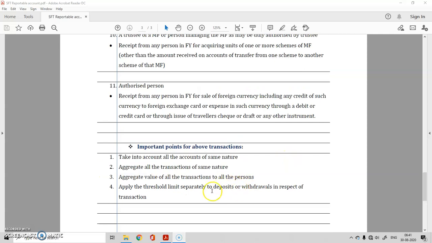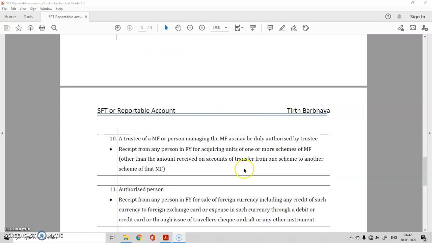It means in case of deposits or withdrawals only, the threshold limit needs to be applied separately and not in aggregate. In all the remaining transactions, all the accounts, all the transactions of the same nature and the aggregate value of all the transactions to all the persons need to be applied in aggregate.